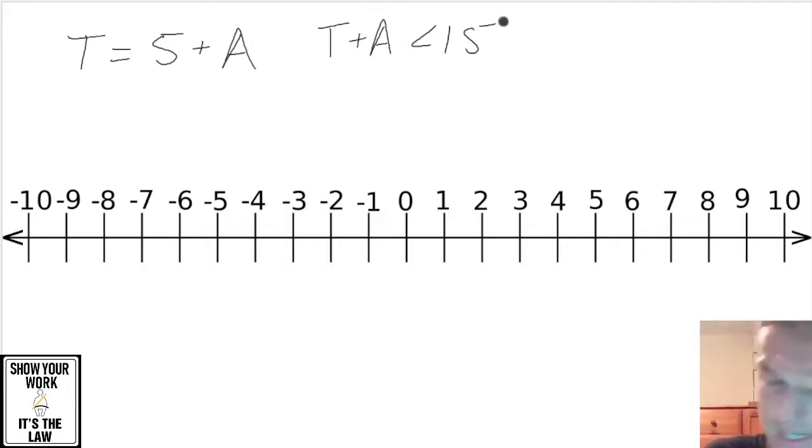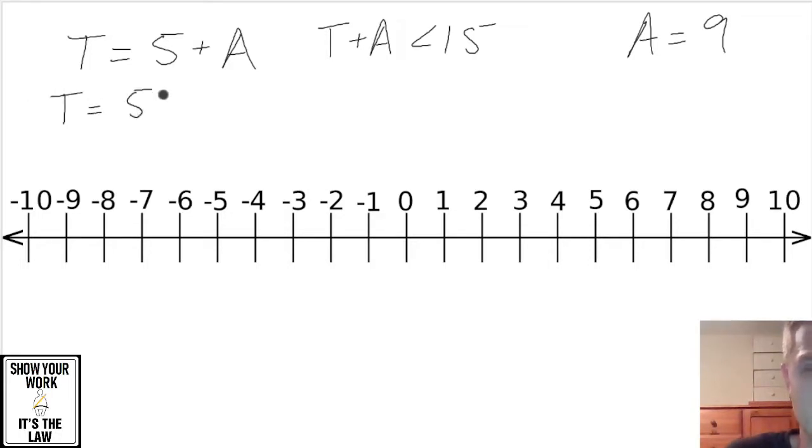Could Anne be 9 years old? Let's find out. Let's start by substituting 9 into each of these, because the question is, could Anne be 9? So t equals 5 plus 9. T equals 14.